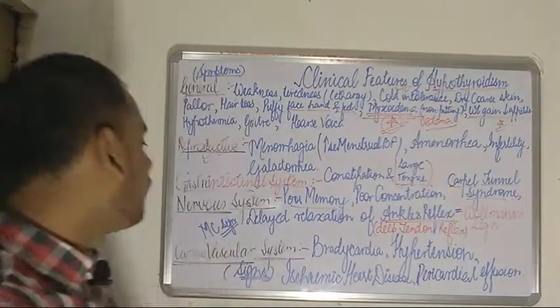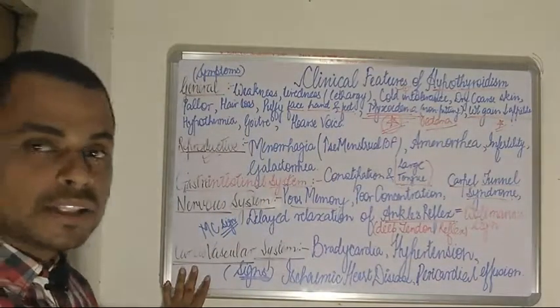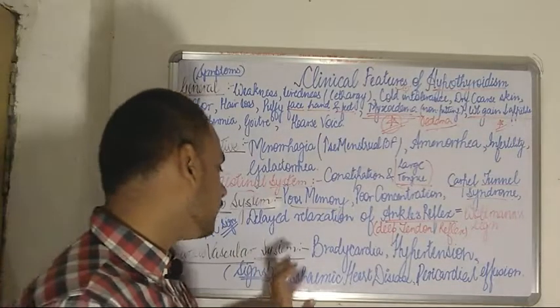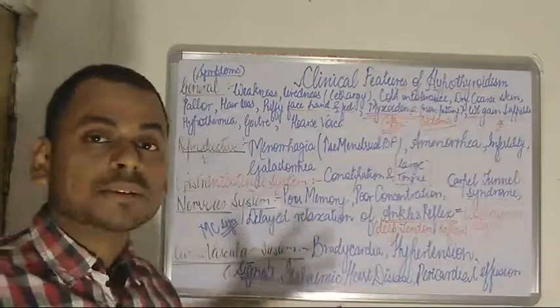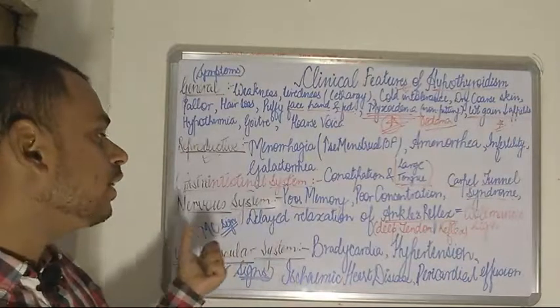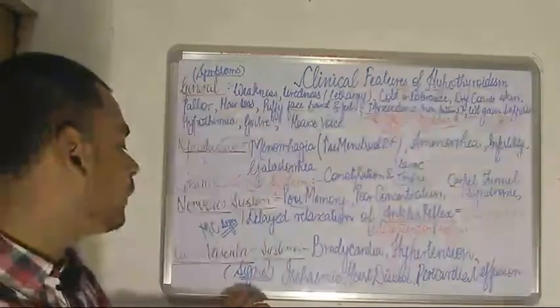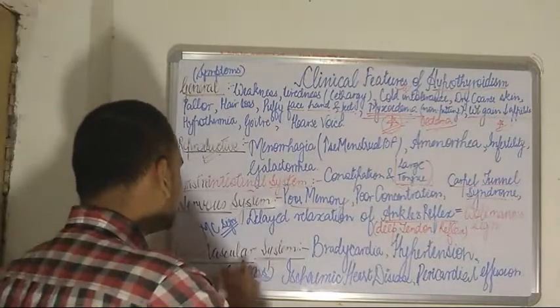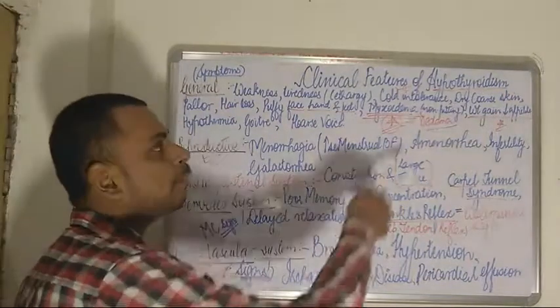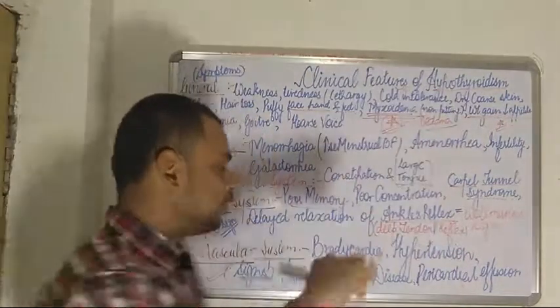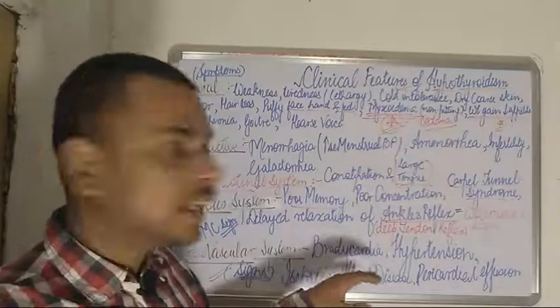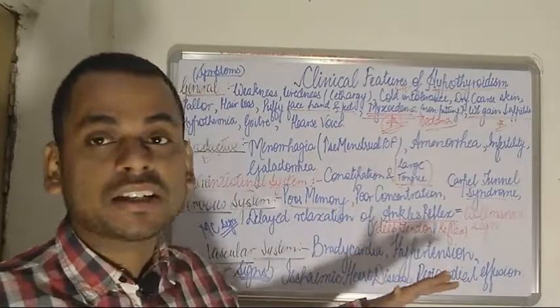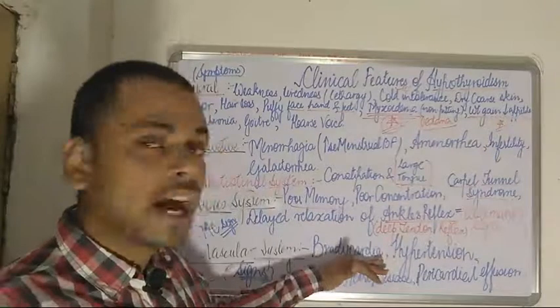Moving on to the last but not the least, the cardiovascular system. The physicians or doctors who examine patients of hypothyroidism may find that the patients manifest with bradycardia, that is, a decreased heart rate.